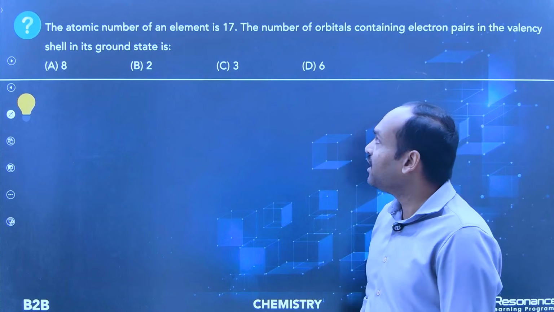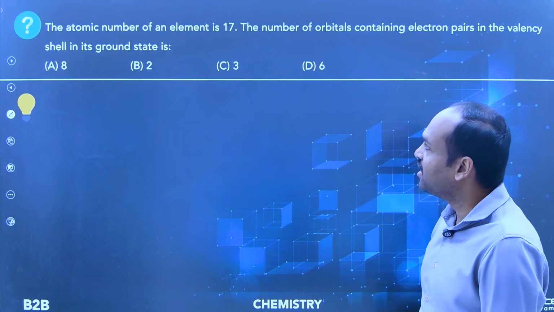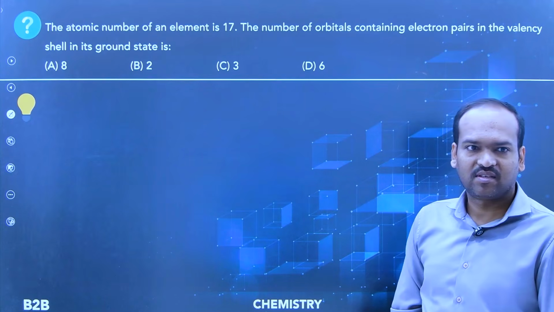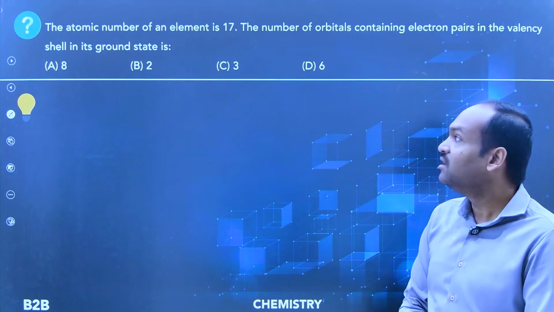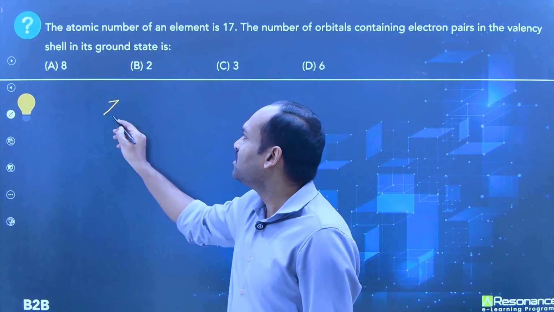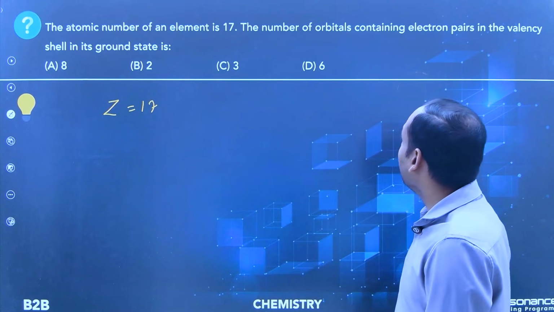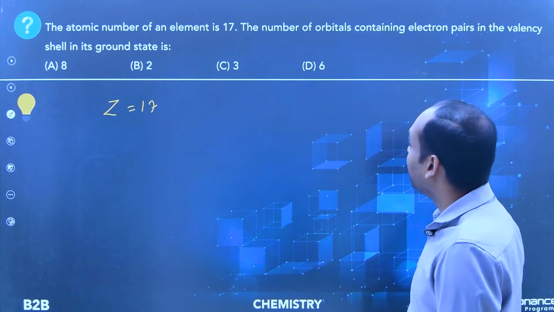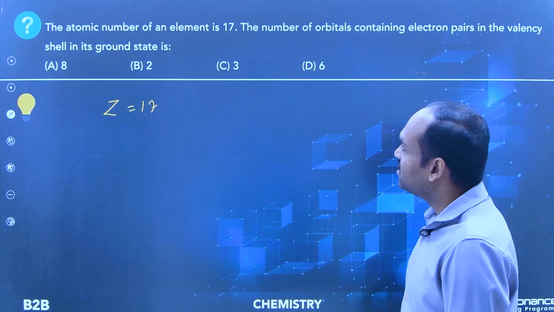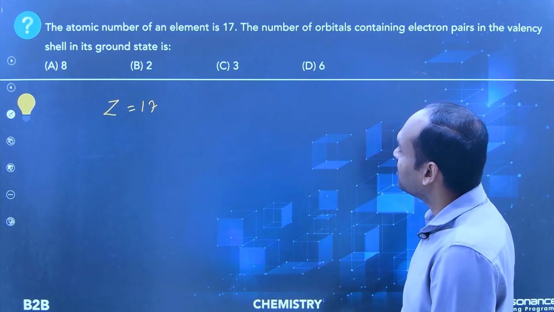The atomic number of an element Z is 17. The number of orbitals containing electron pairs in the valency shell in its ground state. These questions require atomic structure first.